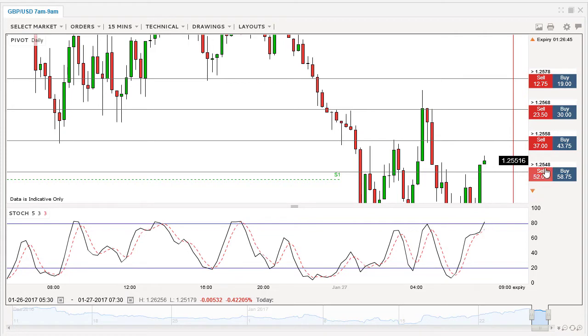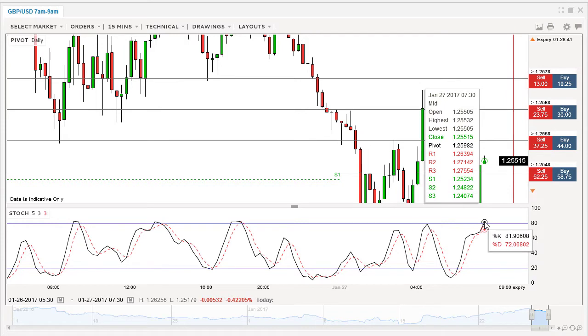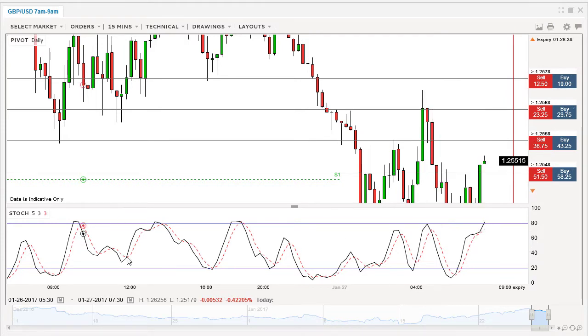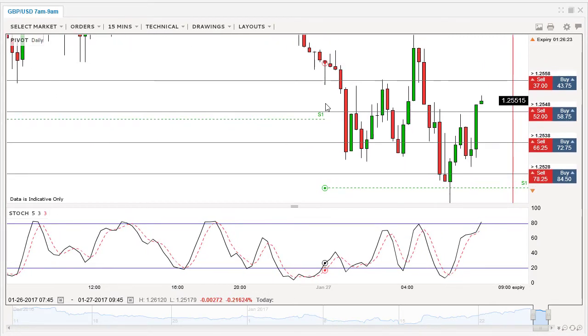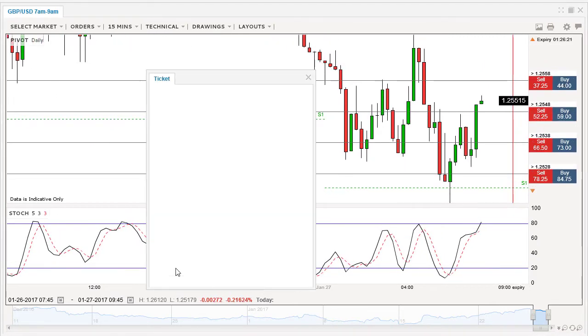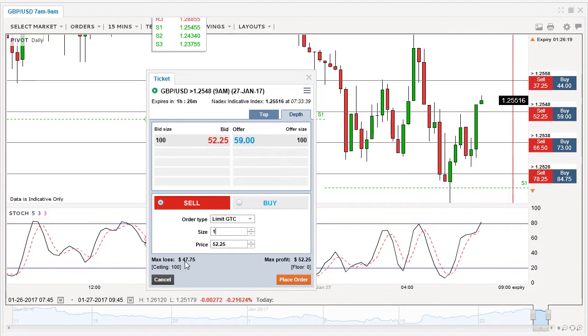Okay, so I'm looking at this one, and I'm looking also at the stochastics, and you can see this is the stochastics in Nadex, and it's telling me that this market is overextended. Now this bar just started forming, and I could actually enter this binary for $51.75. So I'm going to go ahead and order this, and the max loss is $47.75.